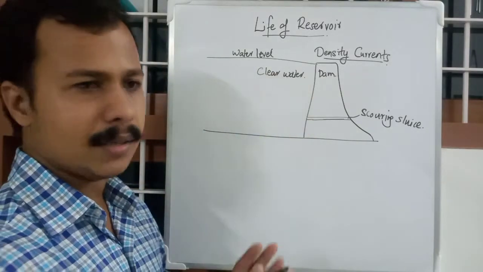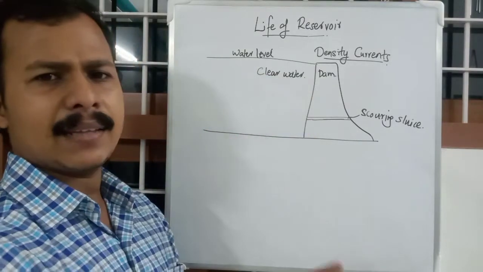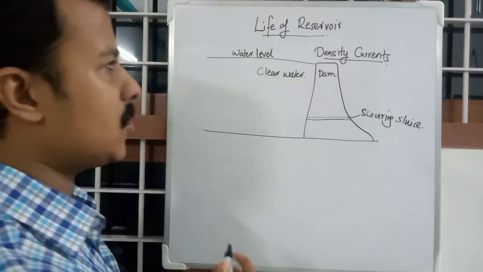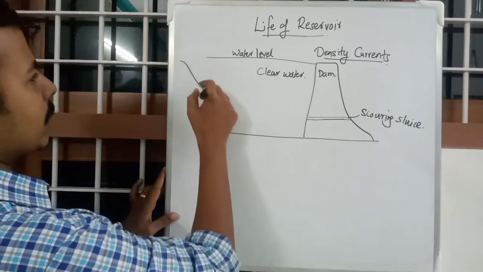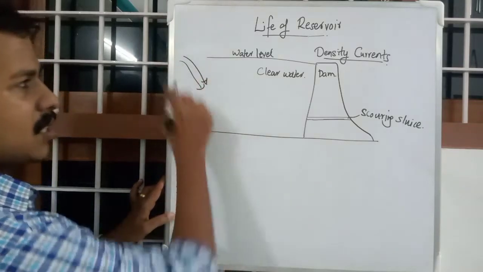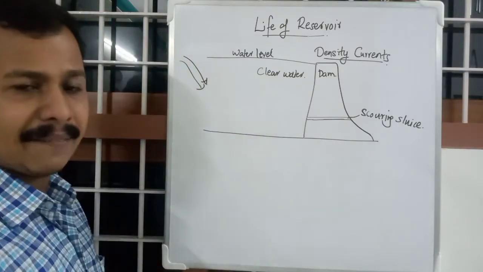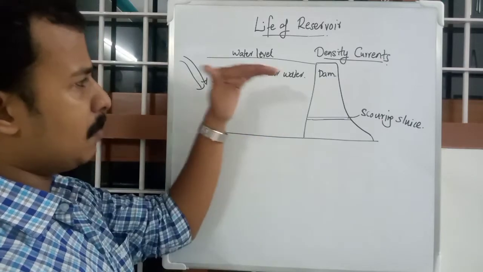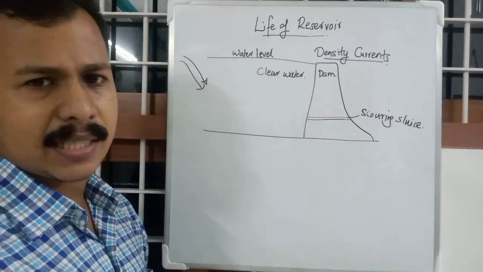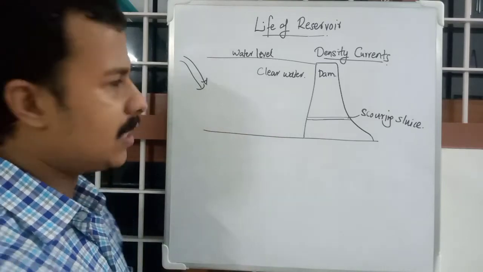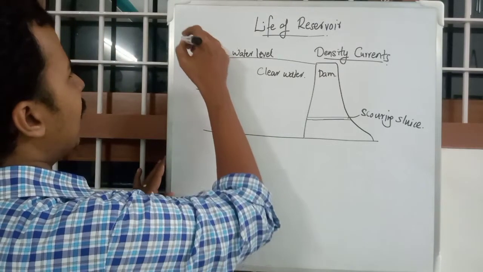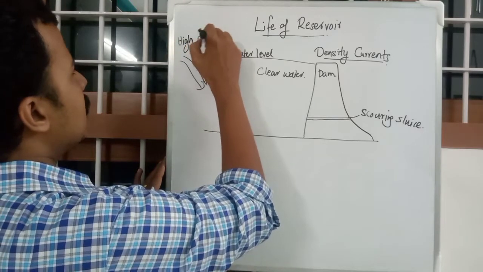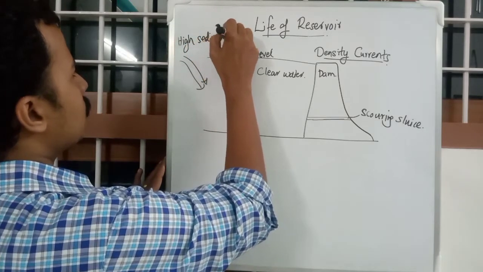There will be clear water that has been stored a month ago or 2 months ago, and when a rain happens, the water will be flowing in. This inflow water will be having sediments, unlike the clear water. The clear water will be too clear, with no soil particles in it, but the inflow water will be having high soil load or high sediment load.